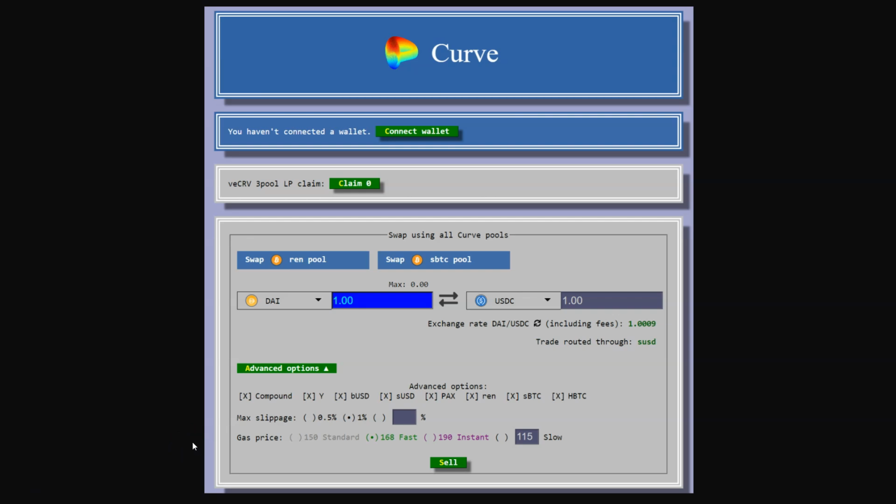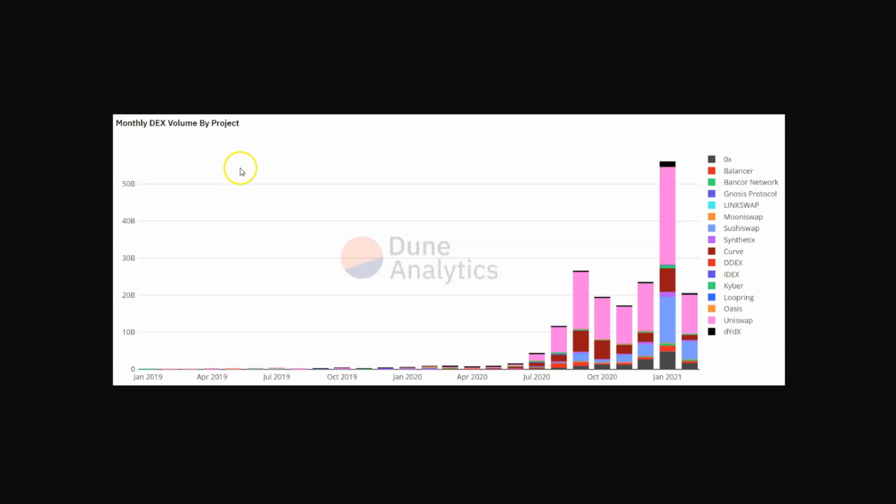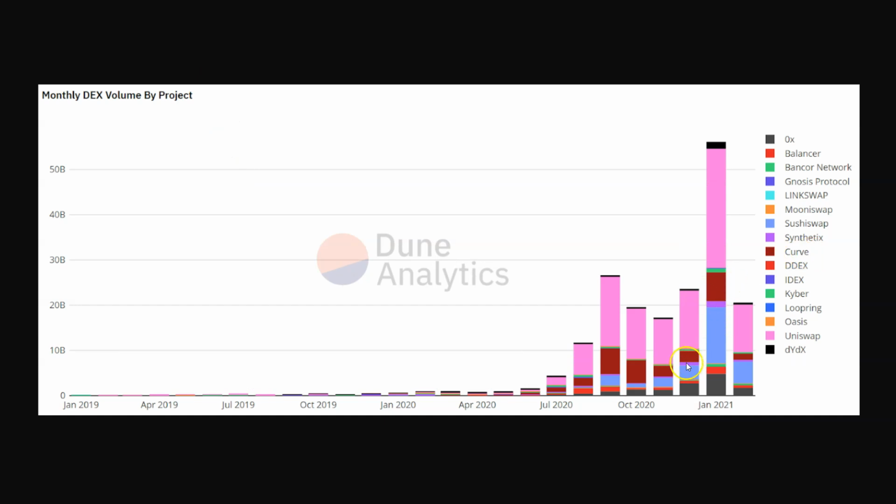So all these things collectively are logical when there's a market need for them and the market is clearly using them. If we look at the volume for Curve in the maroon here, definitely tons and tons of volume for Curve, even though it's mainly just trading between stablecoins, right? You're probably not going to see Curve spike in total volume relative to Uniswap, SushiSwap, where you're trading between ETH and a bunch of other tokens or ETH and WBTC, that sort of thing.